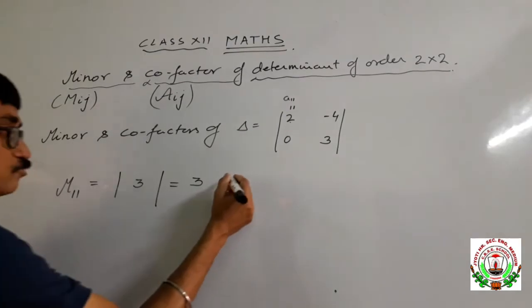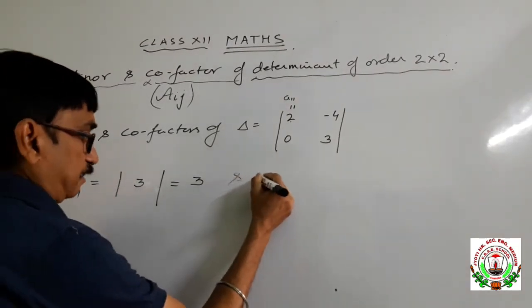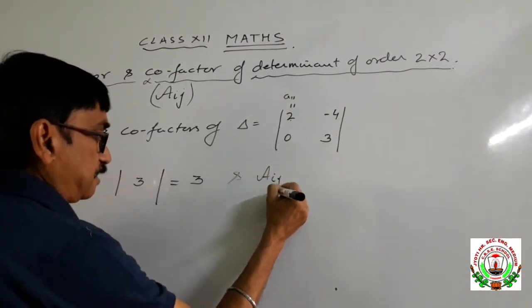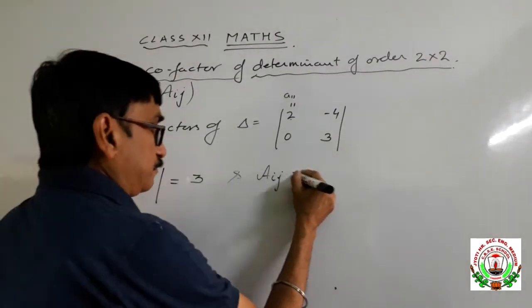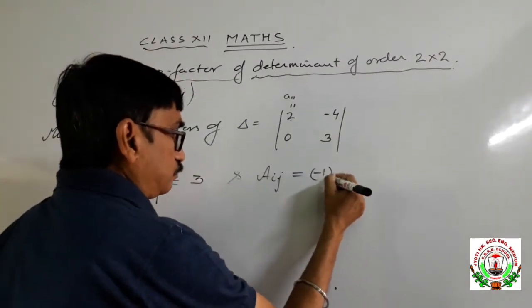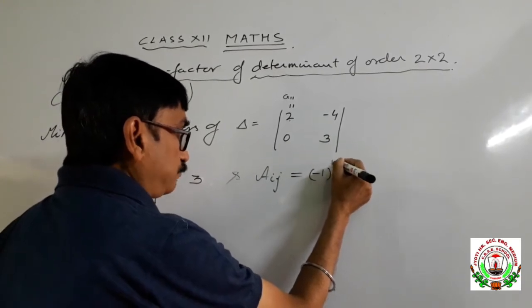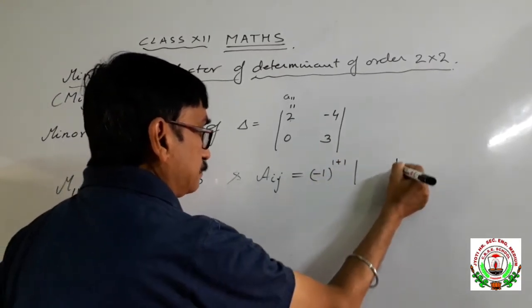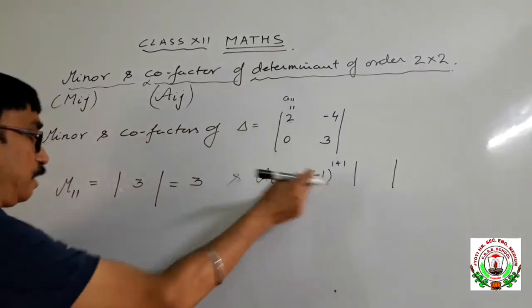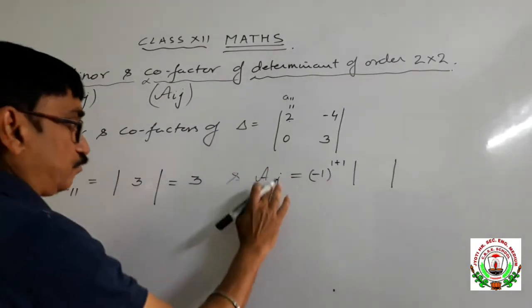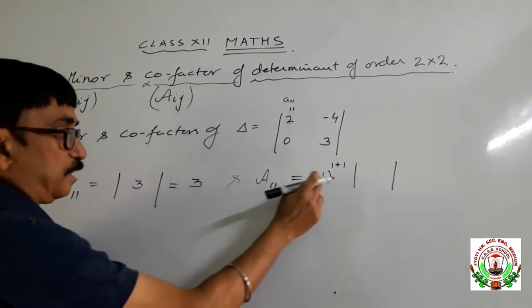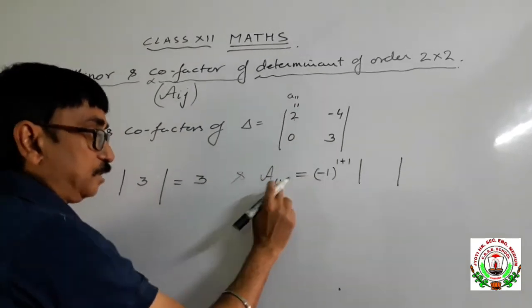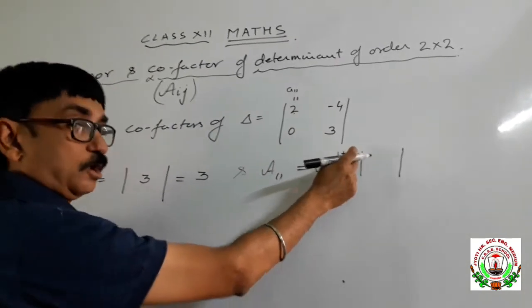And if we have to calculate its cofactor Aij, the cofactor will be given by minus 1 to the power 1 plus 1. The cofactor of this element A11 is minus 1 to the power 1 plus 1, that is row plus column.